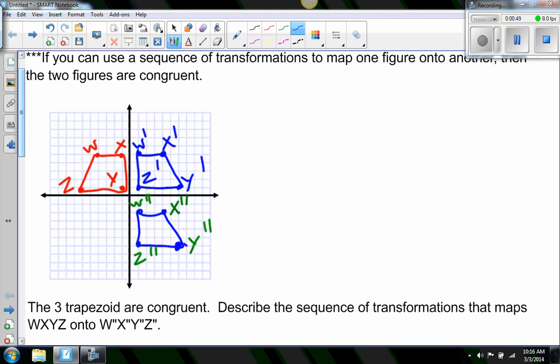It says the three trapezoids are congruent. Describe the sequence of transformations that maps WXYZ onto the third one, W, X, Y, and Z with the little 2.